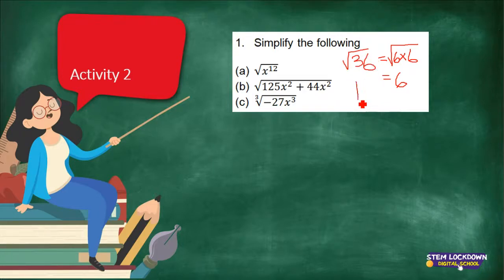Remember, 6 squared is 36. So if you're going backwards, square root of 36 will give you 6. So I think that might help you. Producer, please give me the next question.